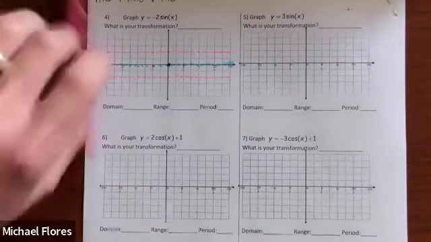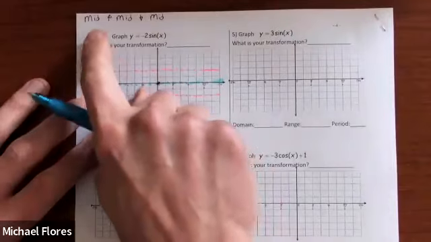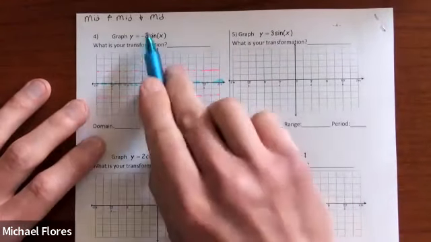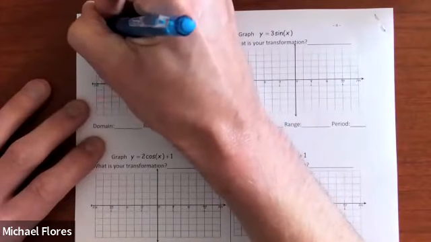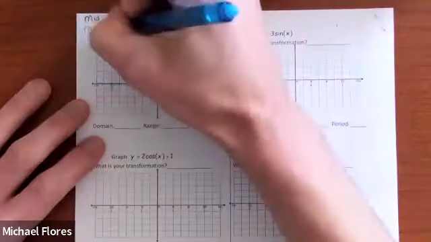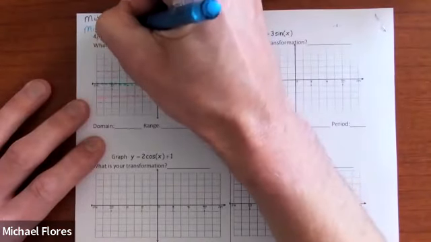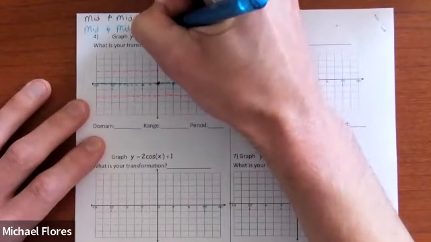Now, what sine waves usually do, this is usually the pattern for sine waves. Let me show you what a reflection is going to do. We're still going to start with the midpoint, but instead of going up, a reflection is going to go down, middle, up, and then back to the middle.